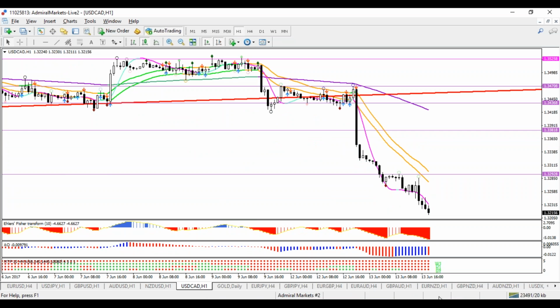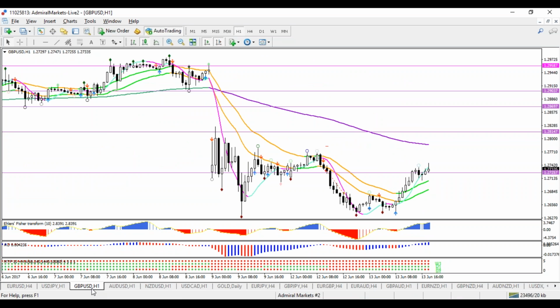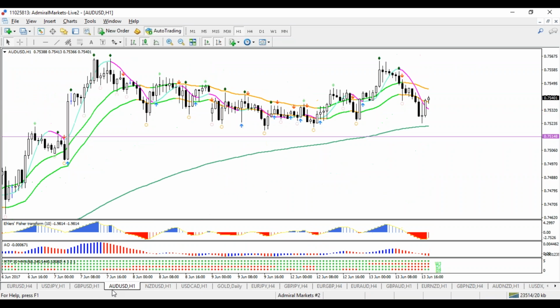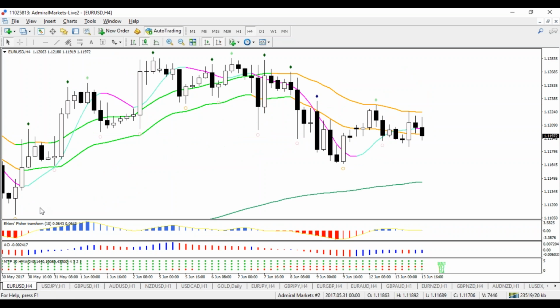If it makes that pullback, Euro New Zealand could be interesting for continuation. The pound USD maybe, but those are already four pound pairs we just looked at. So still, I think pound New Zealand probably the strongest, because the New Zealand dollar is in an uptrend. So pound New Zealand looking the best of that. Dollar CAD, Euro New Zealand, maybe Aussie. Those probably look the best to me.